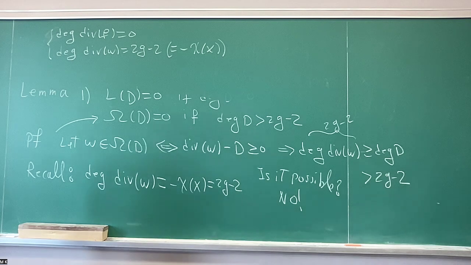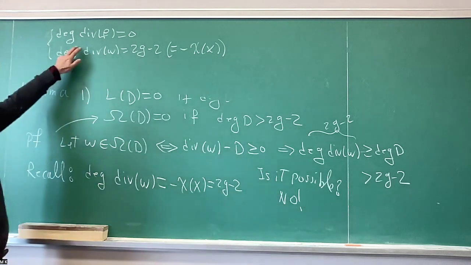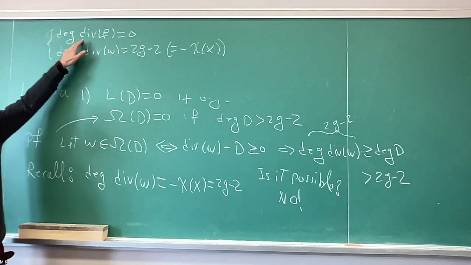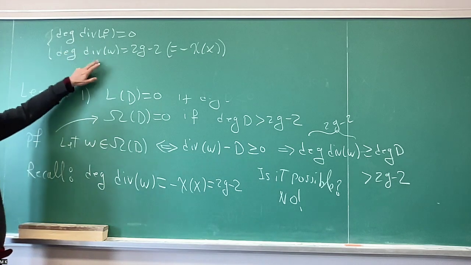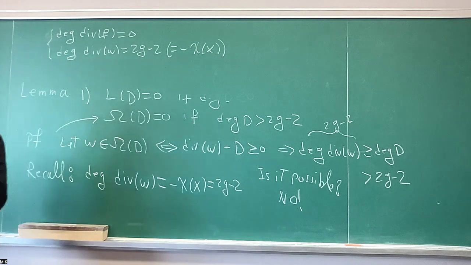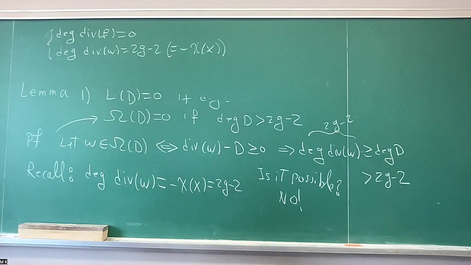I said, and you recall, it's in your notes, that this is always true. You don't have to assume anything. But to prove this, I had to assume that there is a non-zero meromorphic function on x, because I used that to pull back this dz from the target, and then I had one non-zero meromorphic one-form. So from a non-zero meromorphic function, I constructed a non-zero meromorphic one-form, and then I worked with that.